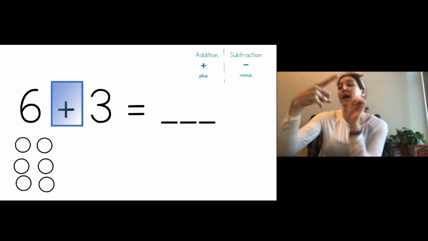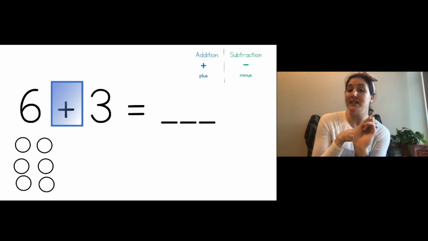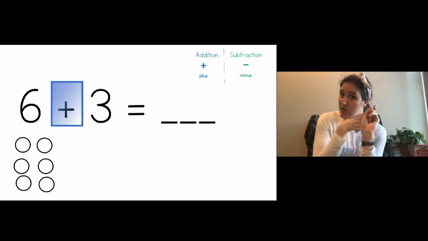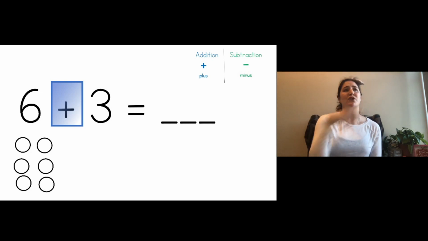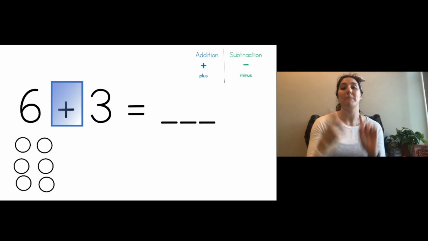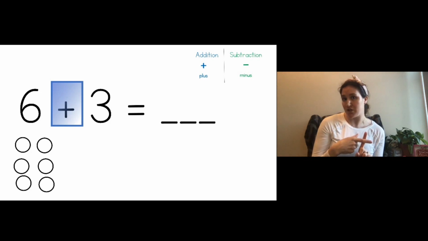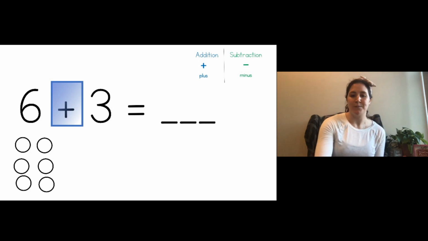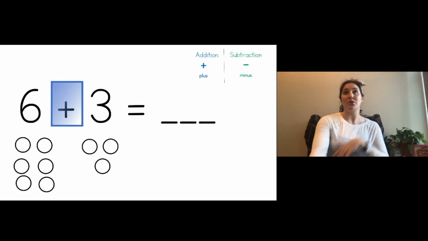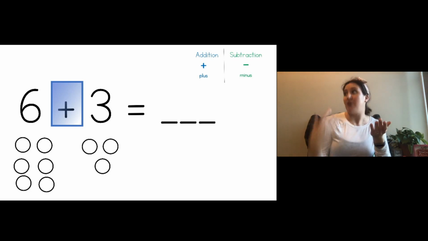And then I see the plus sign. Plus means that I need to draw more circles. If I saw minus, that would mean that I need to cross off. I don't see minus, I see plus. So I'm going to draw more circles. Watch me draw 3 more circles. 1, 2, 3. So now I've drawn 6 circles and 3 circles.